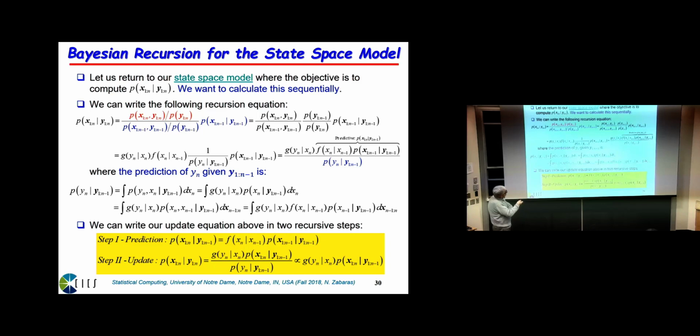And then write this as the probability of yn given y 1 to n minus 1 times the probability of y 1 to n minus 1. So this and the other term will cancel, and the only thing you will get is that. Product rule.